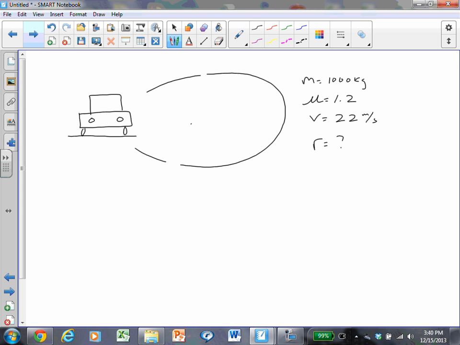Well, the free body diagram for the car would be Fg down and F perpendicular up, and friction would be directed towards the center. So the sum of the forces equals the friction, and that's our Fc, which equals our mass times ac. And the friction force is mu times F perpendicular, which equals the mass times ac.